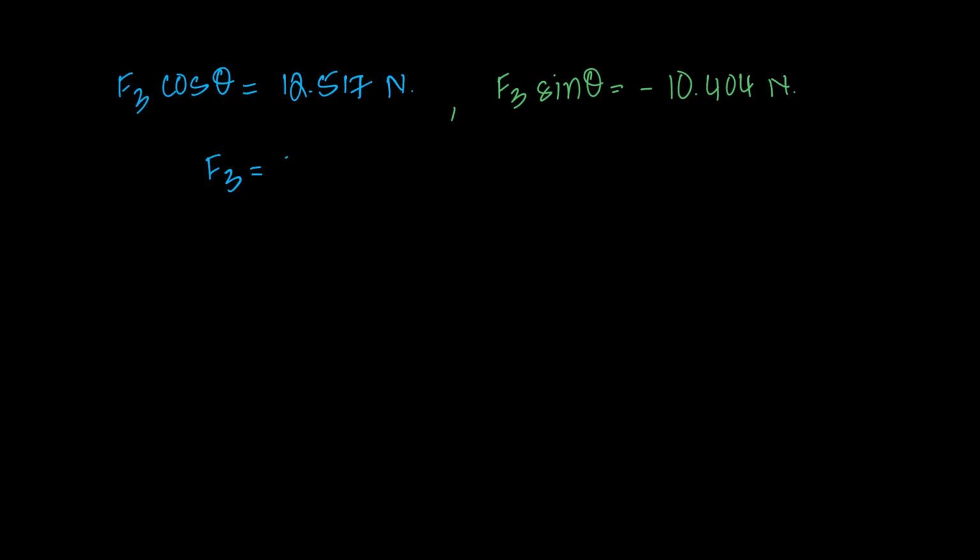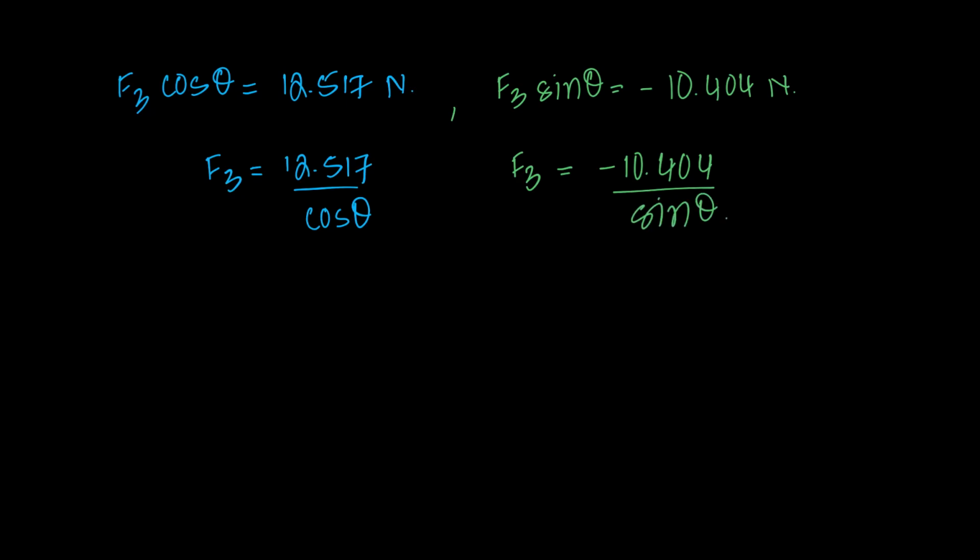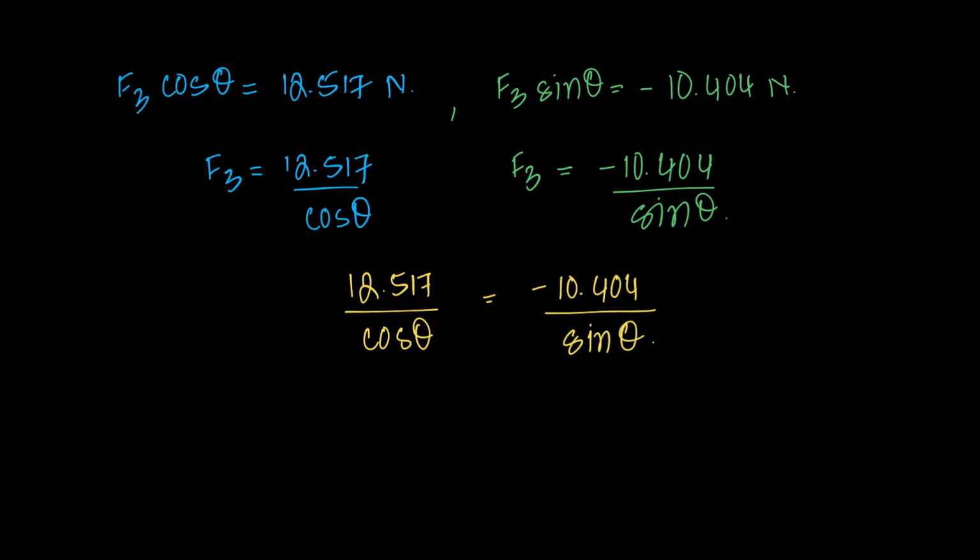Let's do the normal way. F3 is going to be equal to negative 10.404 over sine theta. F3 is equal to F3, so 12.517 cos theta is equal to negative 10.404 over sine theta, right?